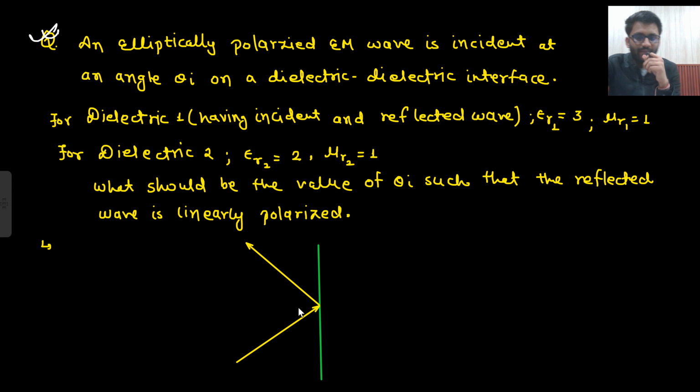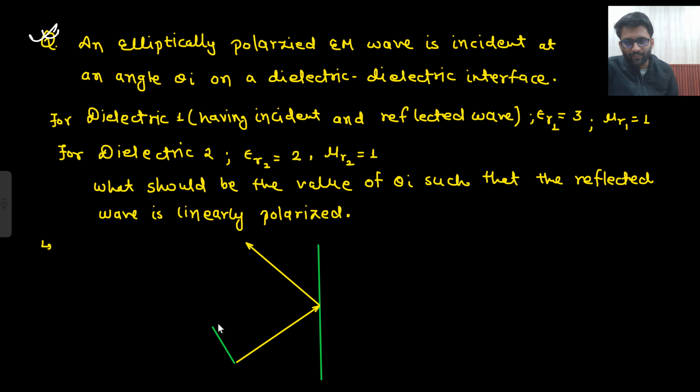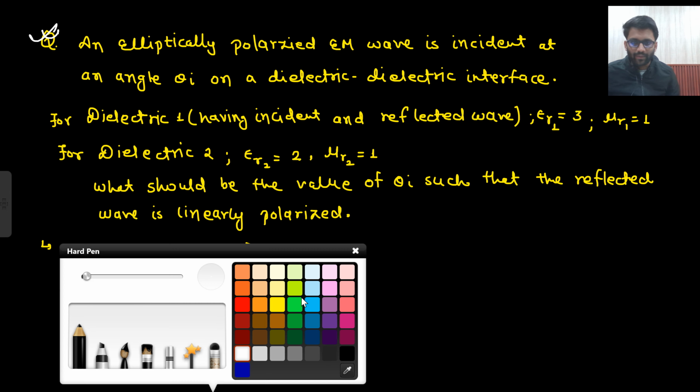Yeah, so what I was saying, this is your elliptically polarized wave. Can you make any elliptically polarized wave? Yes. Basically, it will have a parallel component and it will have a perpendicular component.